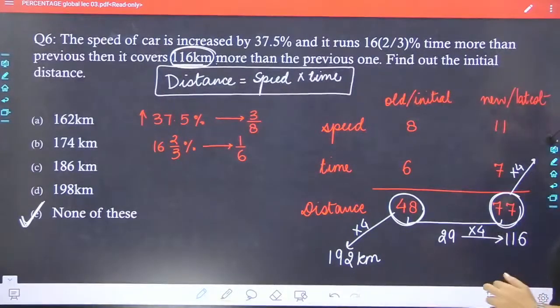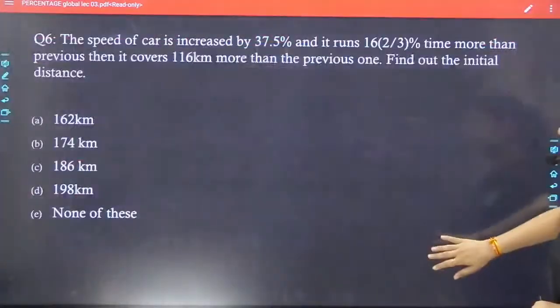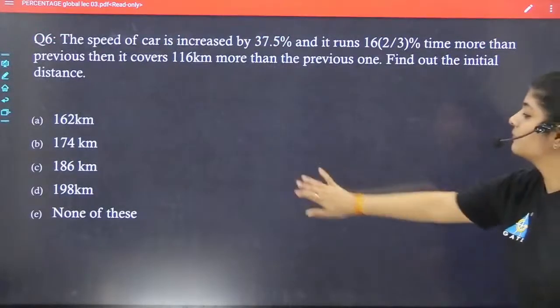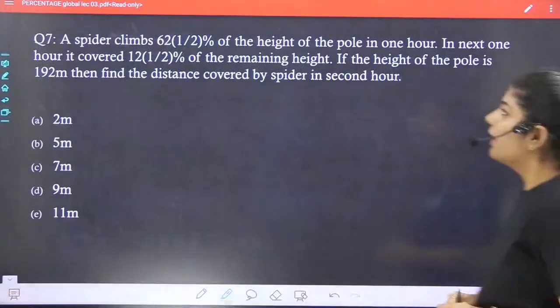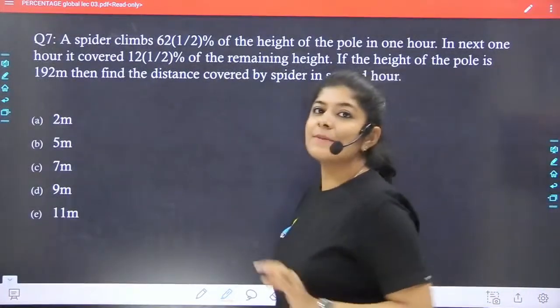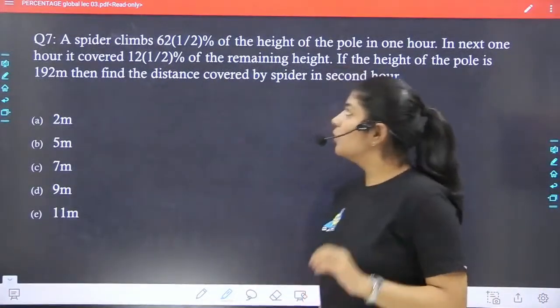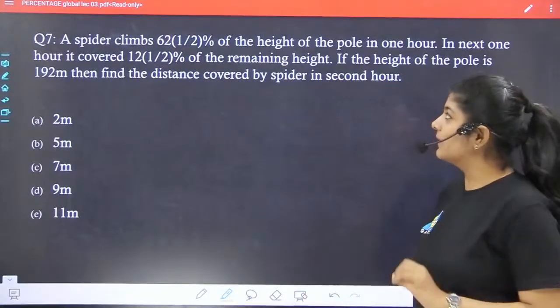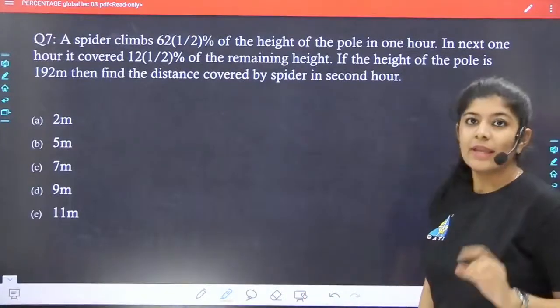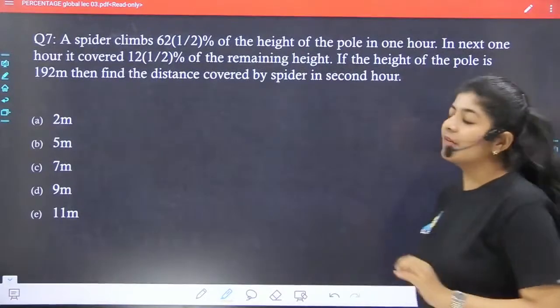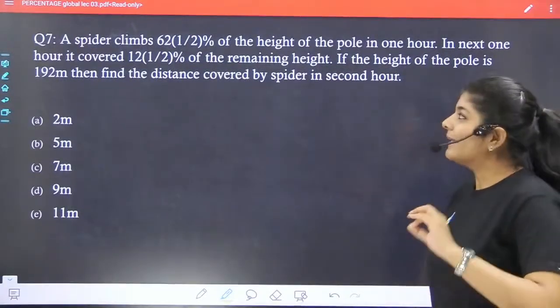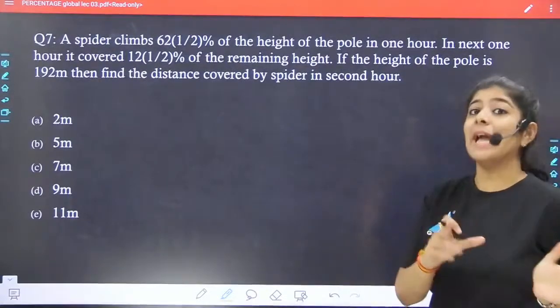Okay, now let's move to the next question. A spider climbs 62 1 by 2% of the height of the pole in 1 hour. In the next 1 hour, it covered 12 1 by 2% of the remaining height.